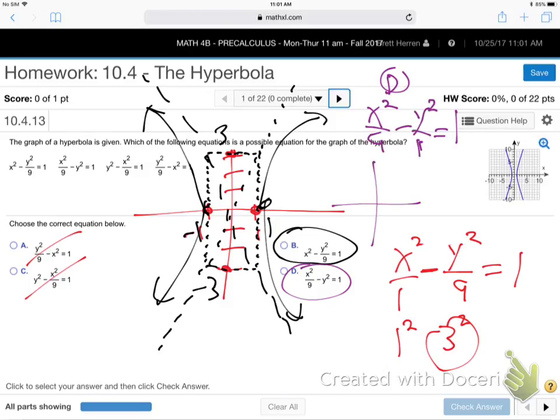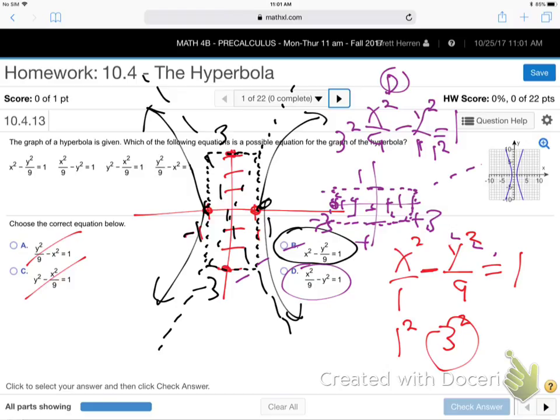So that's right and left 3 and only up 1, down 1, because what's underneath x is 3 squared, y is 1 squared. So that would be a box that only goes up 1, down 1, right and left 3. So the branches would be really narrow, they'd be like that, wouldn't they? Everybody see the difference? So it's not D.